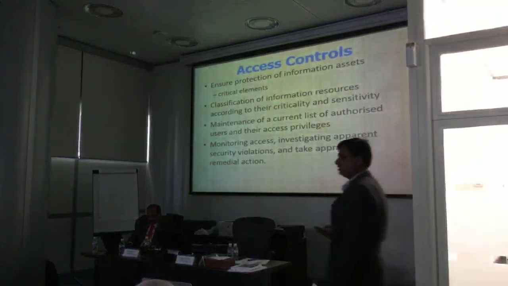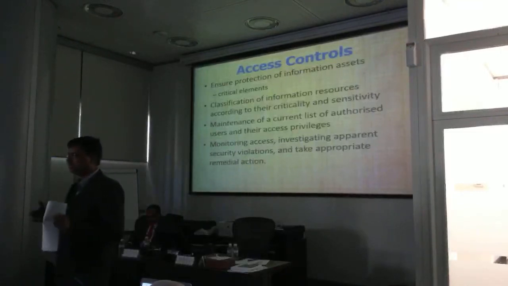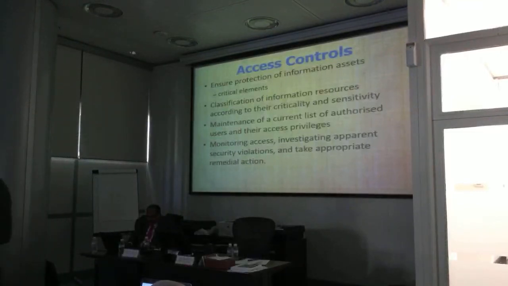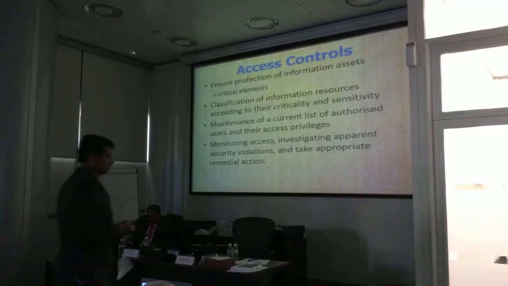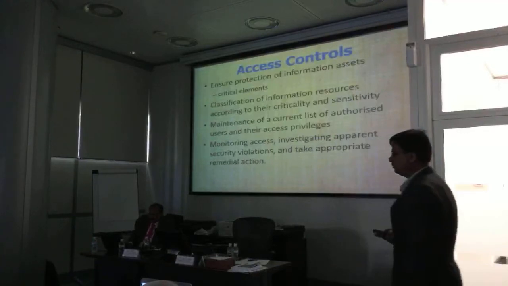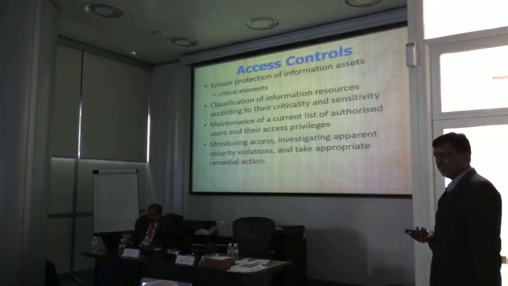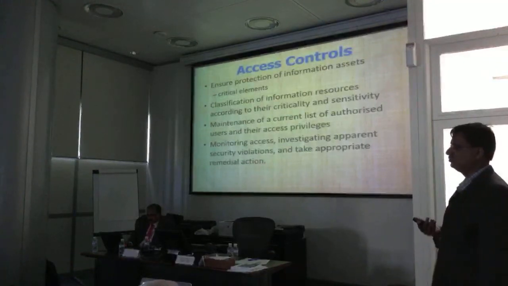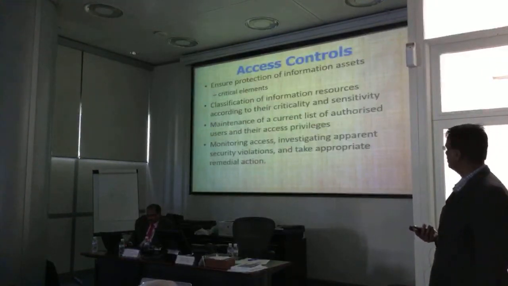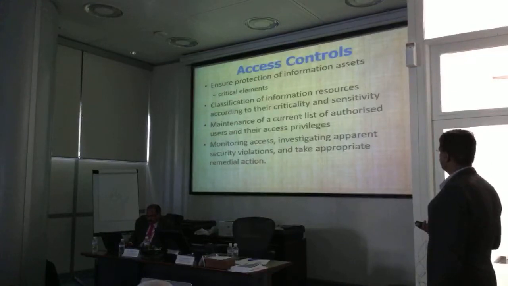What files and what data should be accessed by which person should be well defined in the access list, and most preferably it should be on a need-to-know basis. And if there is a user for audit, it should be available for read-only purposes. Monitoring access, investigating apparent security violations, and taking appropriate remedial action.